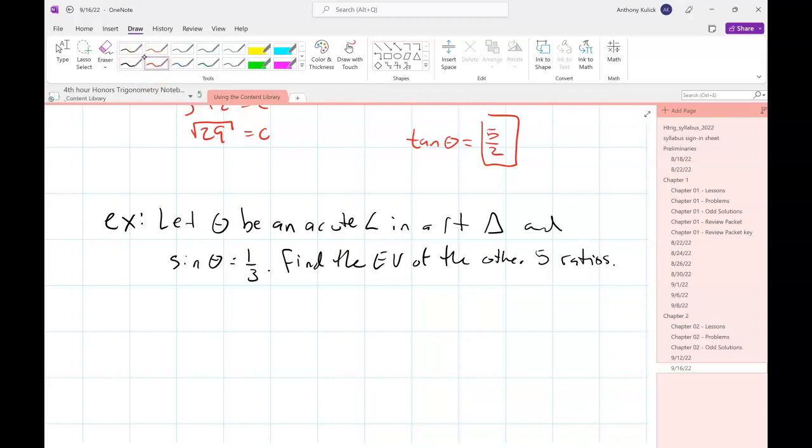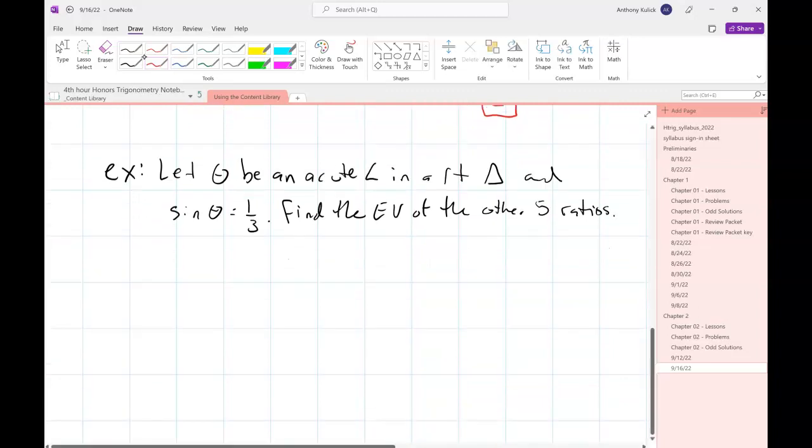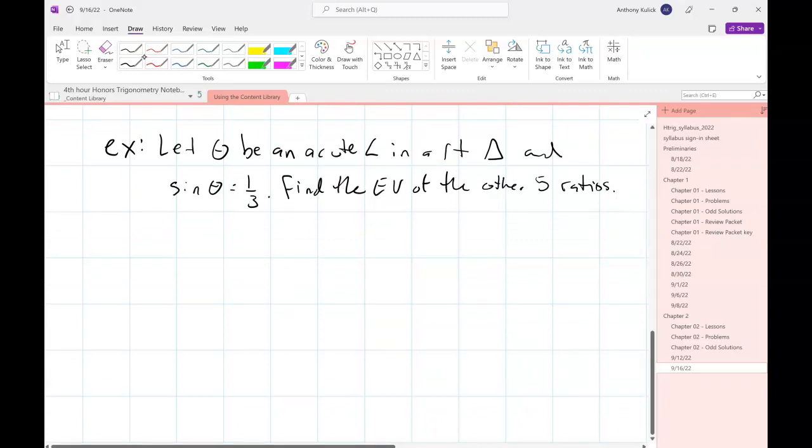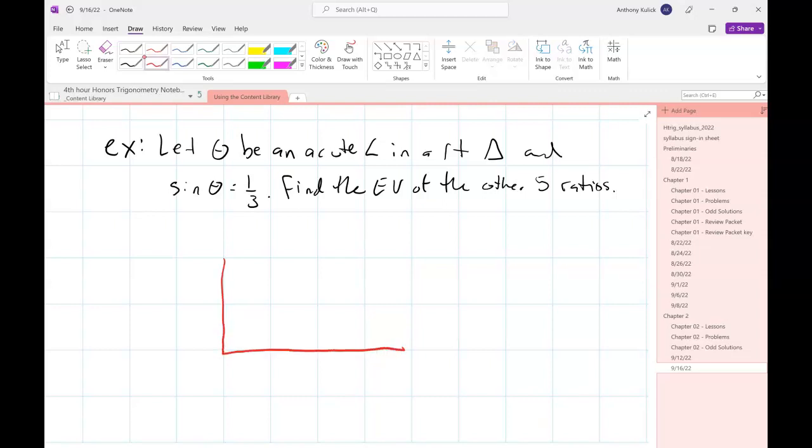And we know that the sine of theta is 1/3. And we want to find the exact value of the other 5 ratios. First step I would do is draw a picture, right? We were talking about a right triangle. So start by doing that.